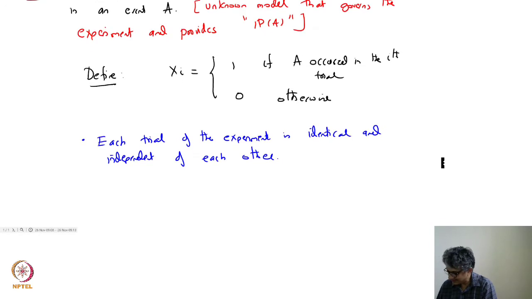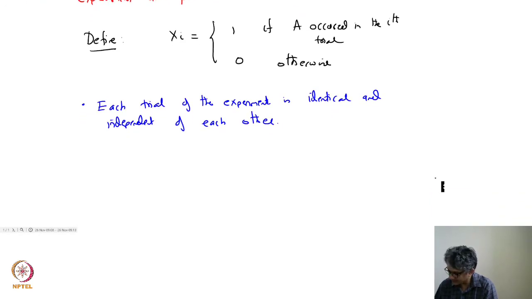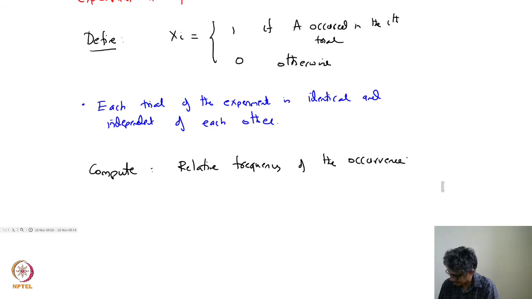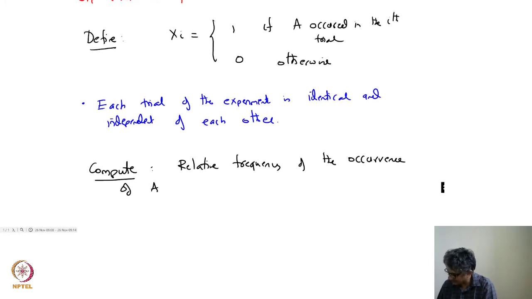Once we make the assumption, then to understand the event A, in statistics we would just go and compute the relative frequency of occurrence of A. So what is the relative frequency?